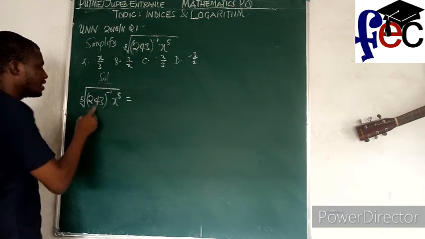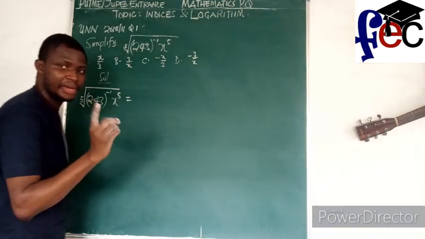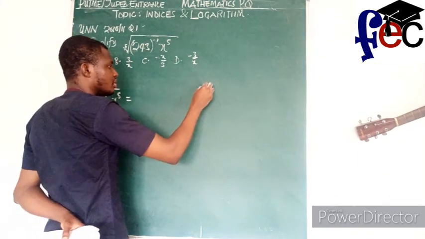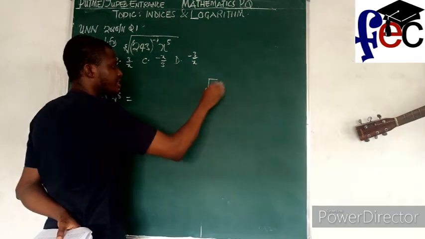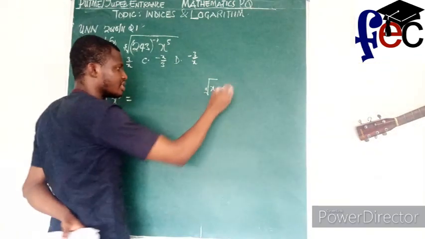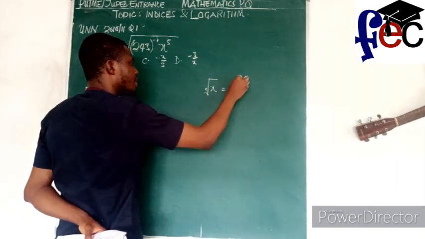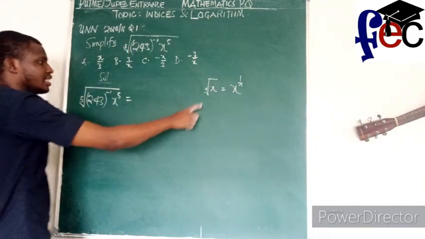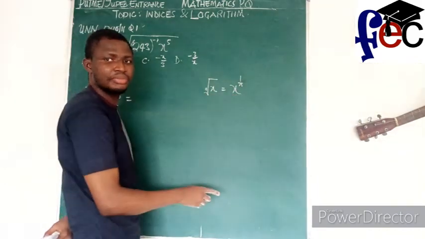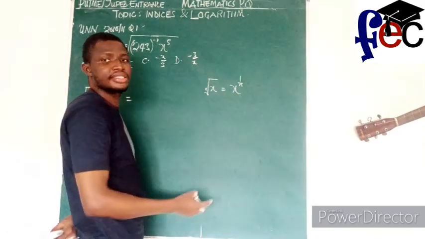Do you know that this is the same thing? Remember, there's a rule that the nth root of x is the same thing as what? x raised to power 1 over n. Do you remember the rule? So if this is equal to this, I can write it like this.